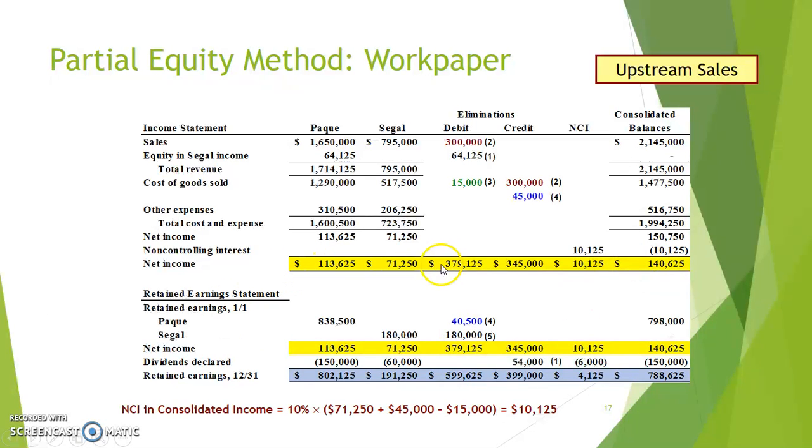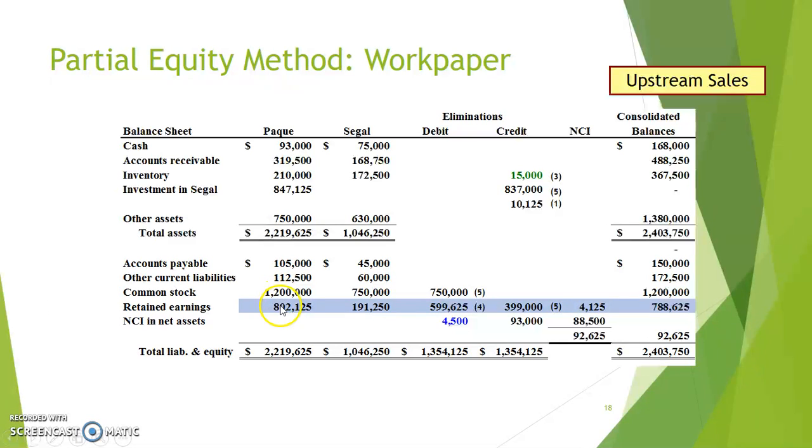We will total the columns, the respective columns, and when we total here, we will transfer this entire line to the net income line in the retained earnings statement. Then we total these columns, and we will transfer the closing retained earnings line to the retained earnings line in the income statement.